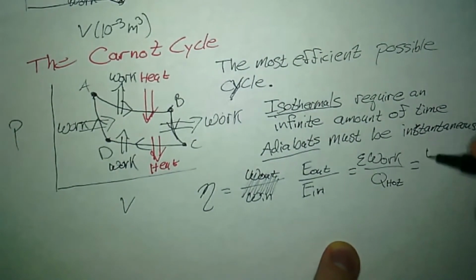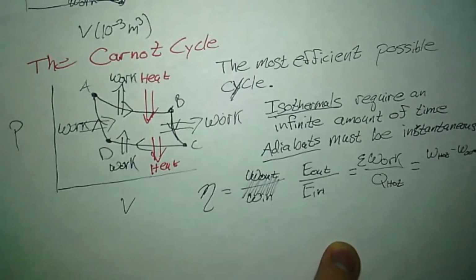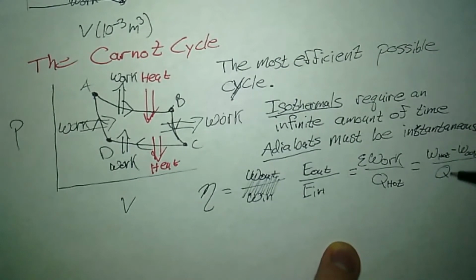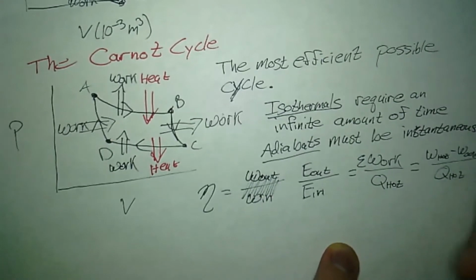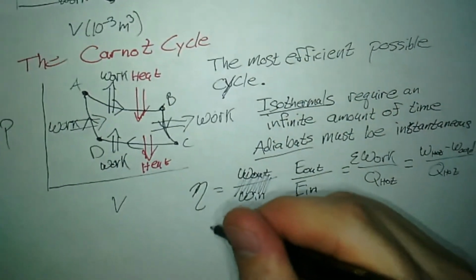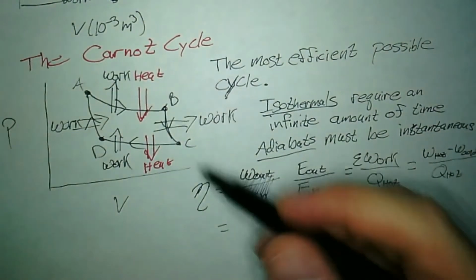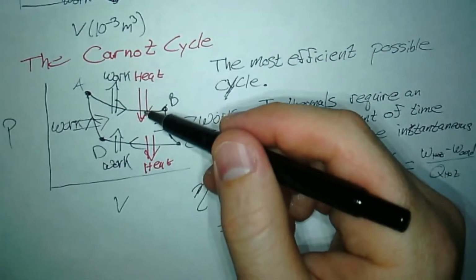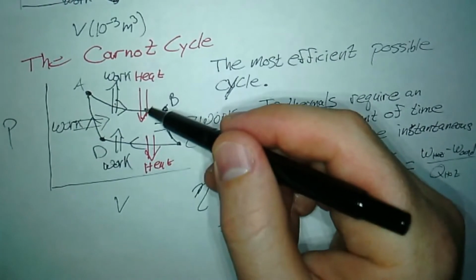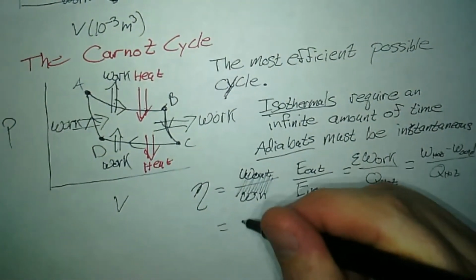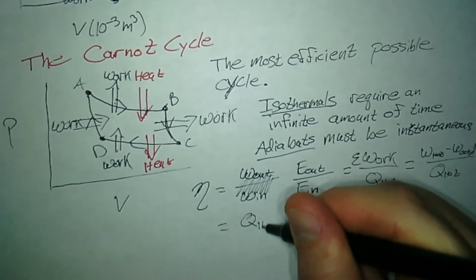So I should say work hot minus work cold over Q hot. And the work I'm putting in here is the same as the heat. The work I'm getting out here is the same as the heat I'm putting in here. So I'm going to rewrite that in terms of heat. So everything's in terms of heat.